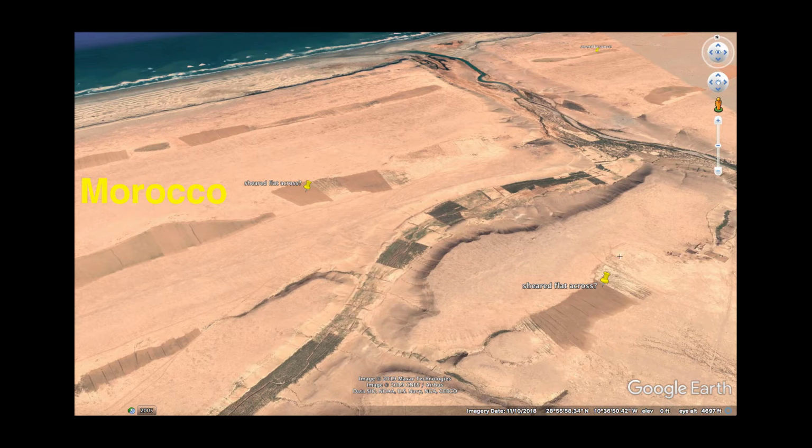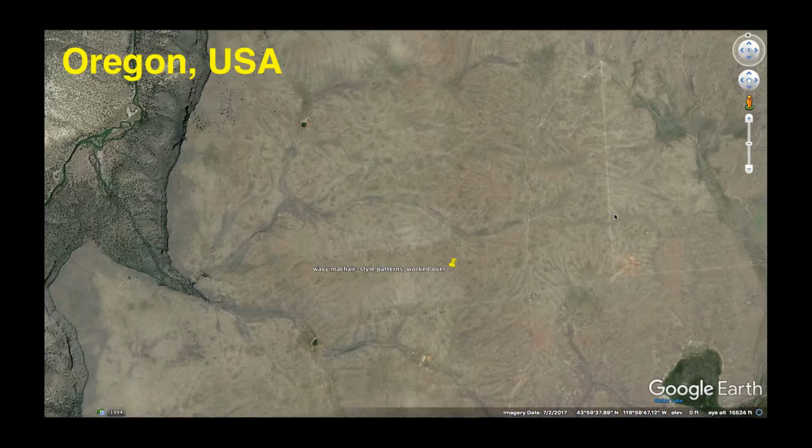It kind of looks like sheared flat land, so here it is in this video. Or again, this one wouldn't qualify as flat, but it's looking raised over, or worked over, so it kind of fits with the theme.